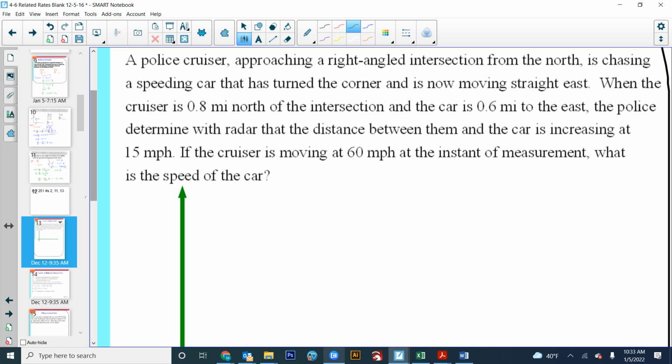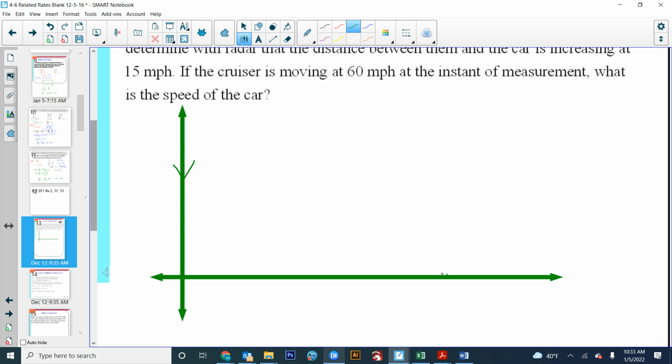All right. A police cruiser approaching a right-angled intersection from the north is chasing a speeding car that has turned the corner, is now moving straight east.